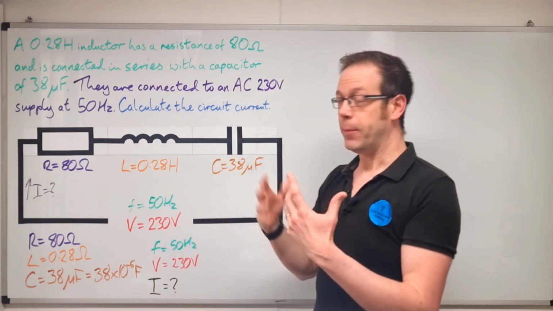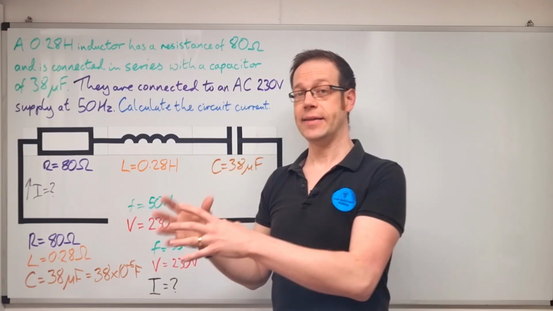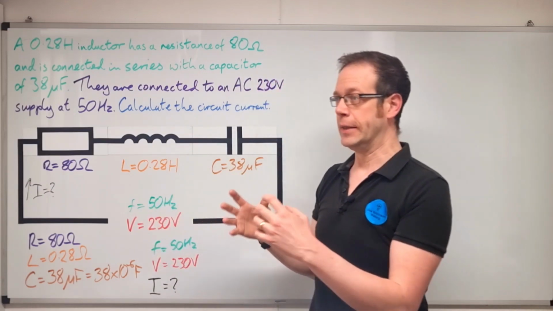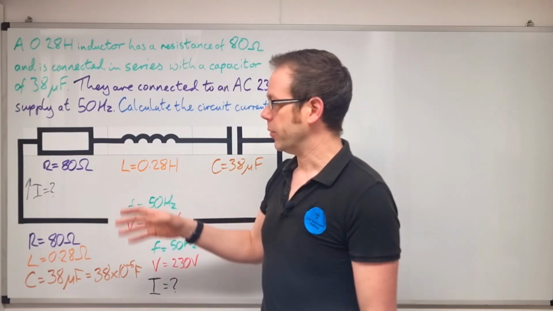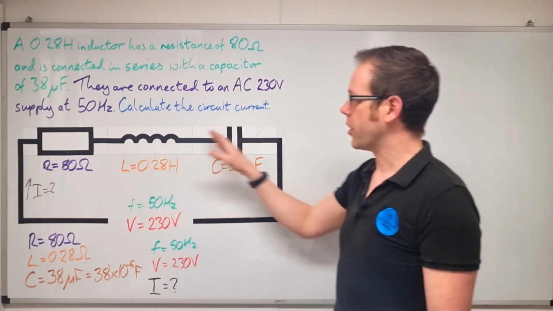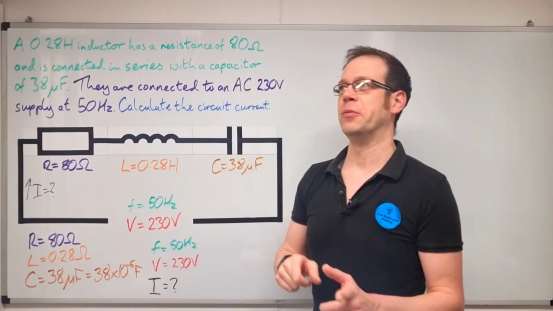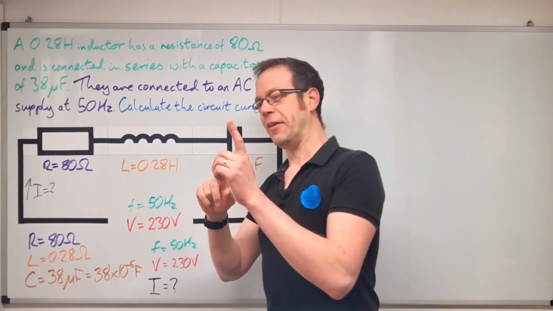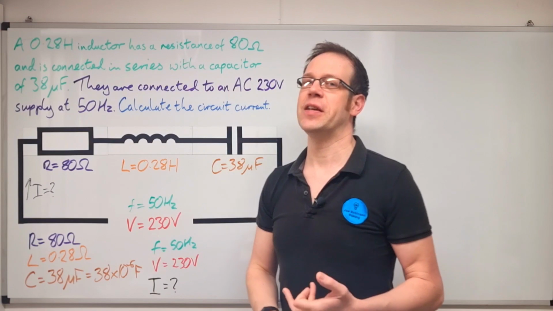Now, to find the impedance of the circuit, which is the total opposition to current flow in an AC circuit, so you can kind of think of it as the live resistance, I used to sometimes call it. It's a little bit misleading, that, but it kind of just connects those dots together. We're looking for the total opposition to current flow of this circuit, which is the impedance. To find the impedance, we need to know what the resistance, the inductive reactance, and the capacitive reactance of the circuit is.